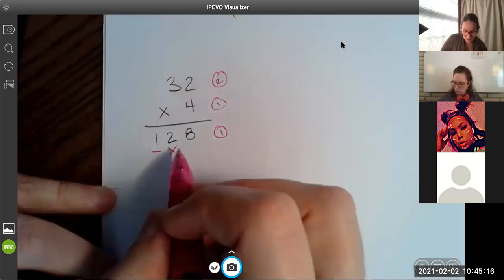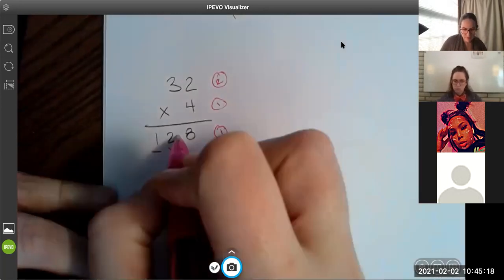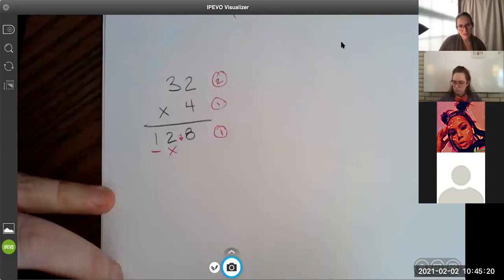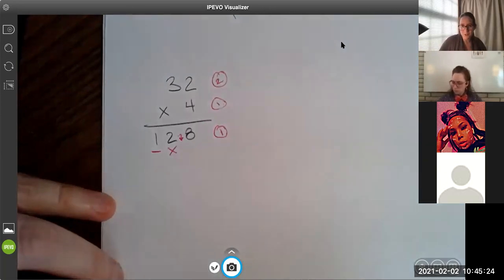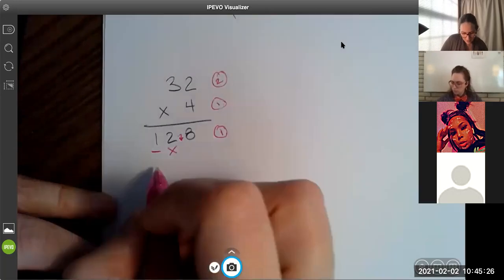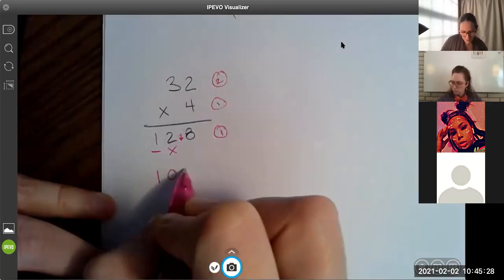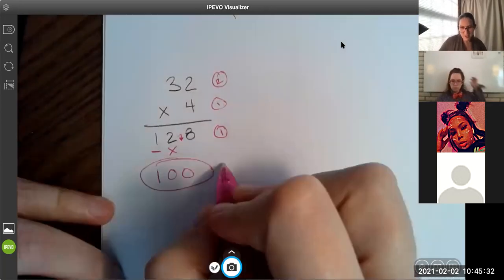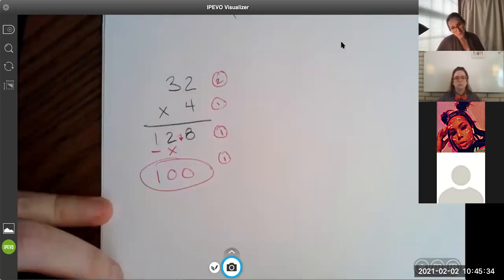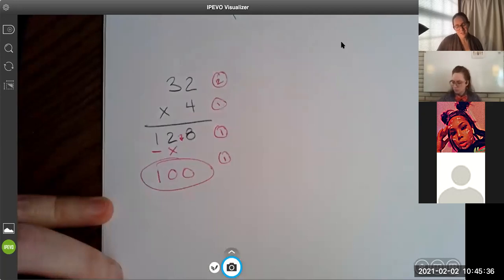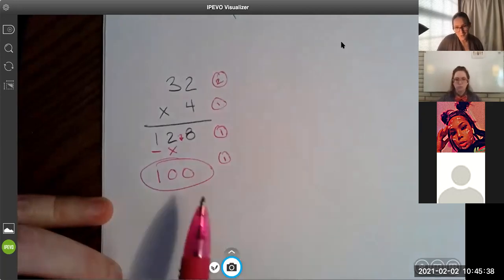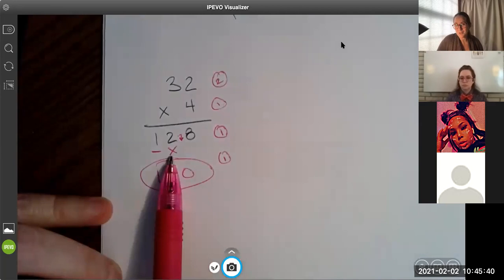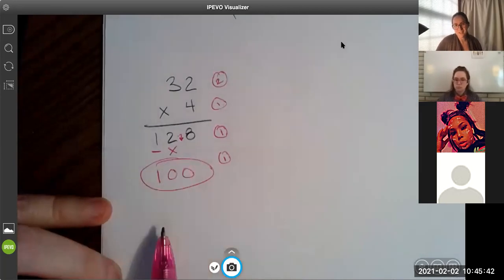That's a 2. 2 rounds down. You're kind of saying, is 128 closer to 100 or closer to 200? It's closer to 100. You kept 1 sig fig, the biggest place value. 2 is little, it rounds down.